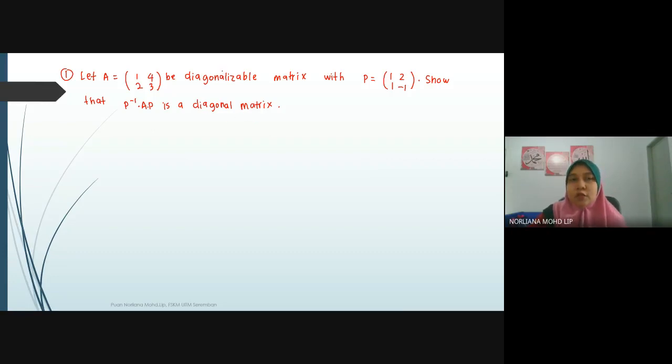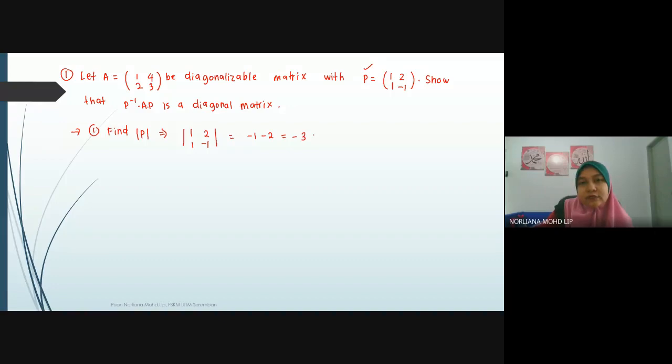First of all, we have to find the determinant of P. The determinant of P for 1, 2, 1, negative 1 is negative 1 minus 2, which is negative 3.